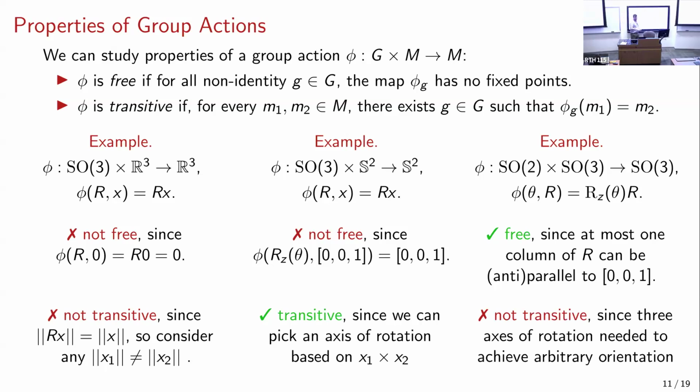Okay, question? The example that you just did, how is it different to the second example where you say anything that's on the z-axis doesn't rotate? Are we asking about free or transitive? Free. The difference is, you can almost think about it like this Sharpie, where you can't distinguish how I'm rotating it. Say I'm rotating around z, the vertical axis, and the Sharpie is perfectly vertical.